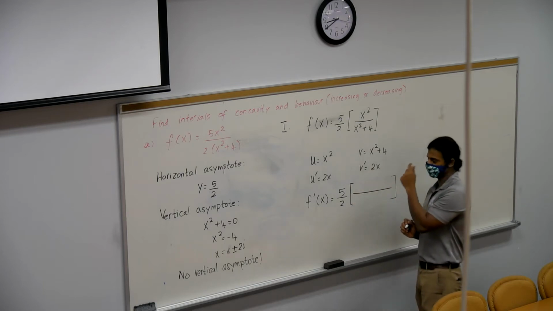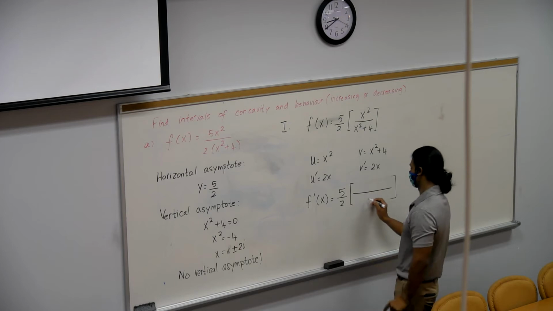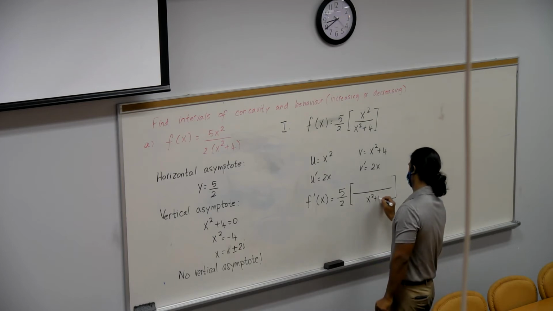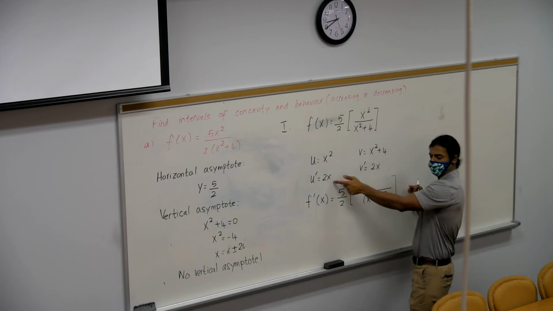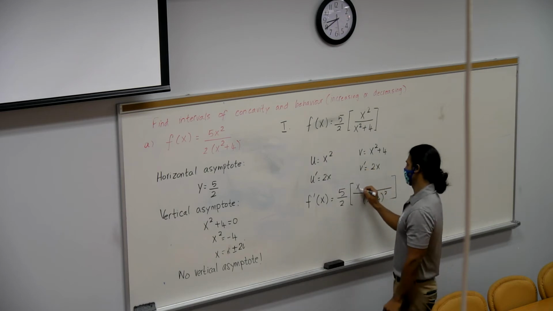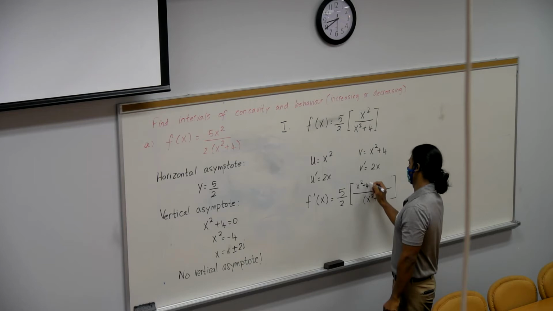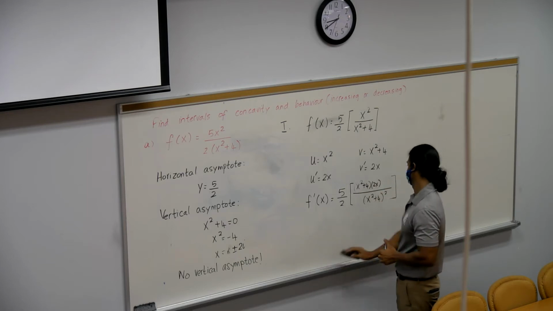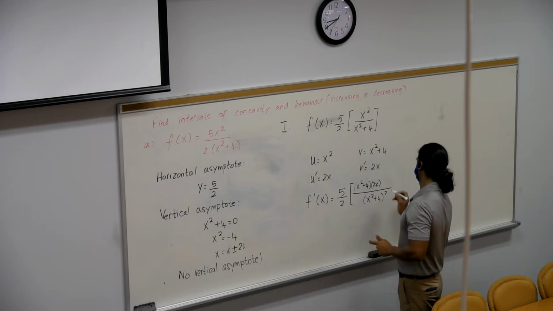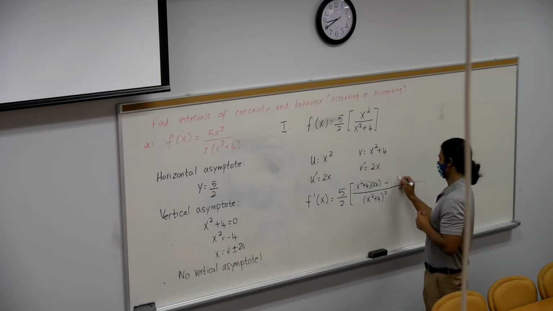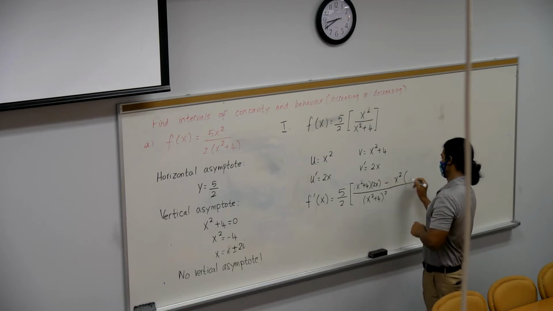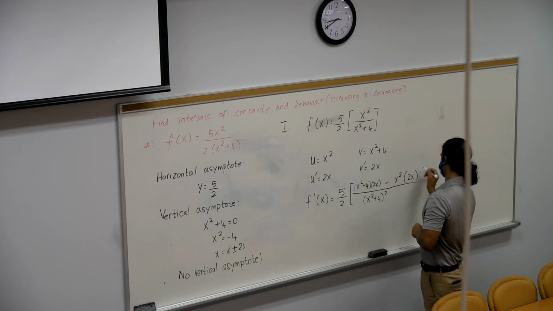Denominator is v squared, so x squared plus 4 squared. Numerator, v u prime, so x squared plus 4 multiplied by 2x. Minus u v prime, 2x.